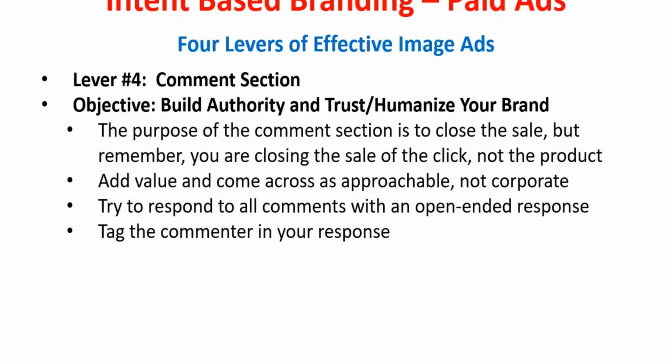The algorithm favors ads a lot in the auction place. Your ad's going to get better deliverability all around if people are commenting on your ad, leaving your ad, and then coming back to your ad. So anything that you can do to facilitate that happening is going to dramatically improve not only the deliverability of your ad, but how much you're paying for that deliverability.